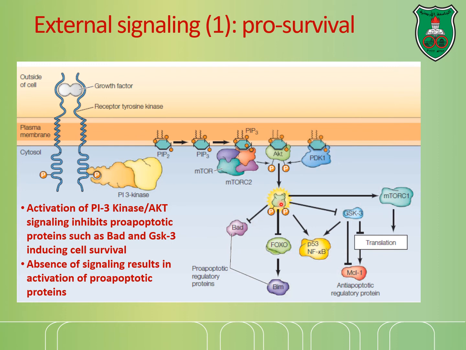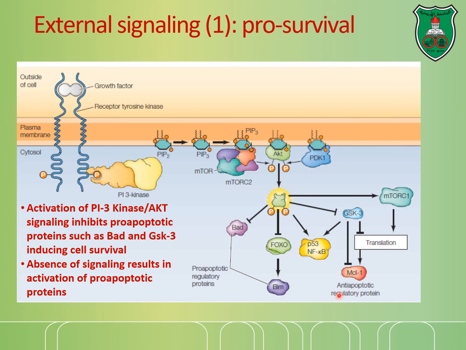Now, AKT also acts on other proteins such as p53, NF-kappa B, and we talked about NF-kappa B before, and GSK3, inhibiting it, and GSK3 actually is an inhibitor of an anti-apoptotic regulatory protein.